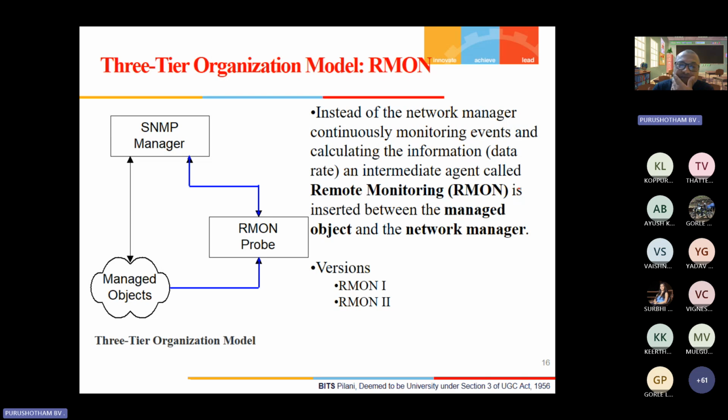This is inserted between the managed object and the network manager so that the load of the manager can be bypassed. This is not a proxy. Don't mistake it for a proxy. This is an additional device or additional agent kind of thing we insert in between to monitor things.